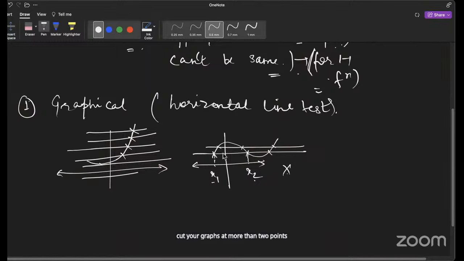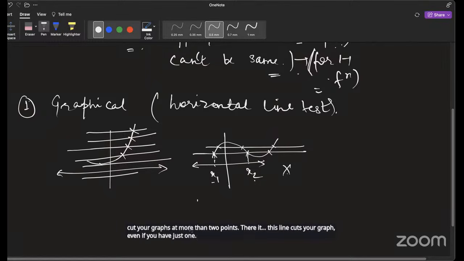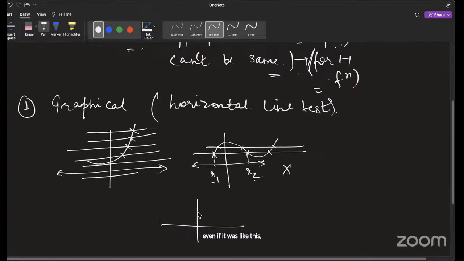So here, this line cuts your graph, even if you have just one. Even if it was like this, even if you have something of this form, where you have this, and then you have this. Can I just get done with this first, and then I can take your doubt? So if you have this as a graph, firstly, this part is not in your domain, right?